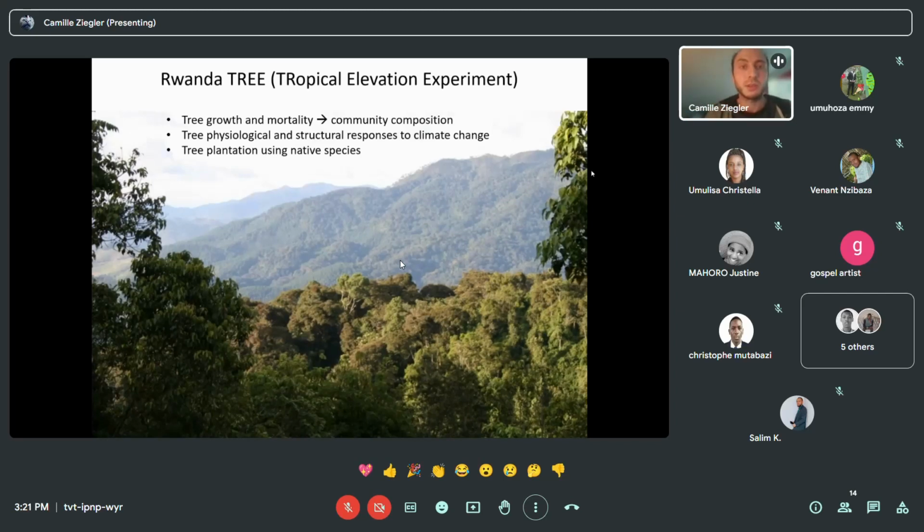In this project, we also study tree physiological and structural responses to climate change. This is the topic of study I work in. And one of the overall goals is to inform on tree plantations across Rwanda using native tree species. This is done in collaboration with RFA and Drought.